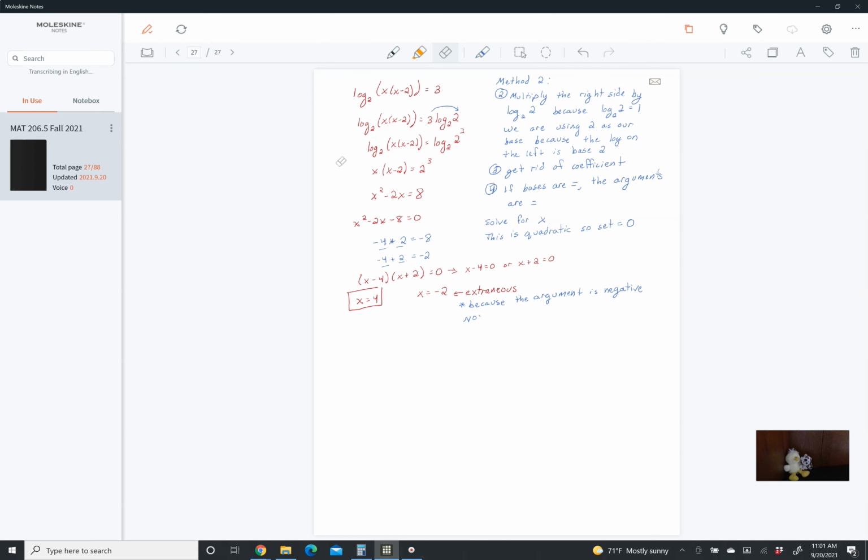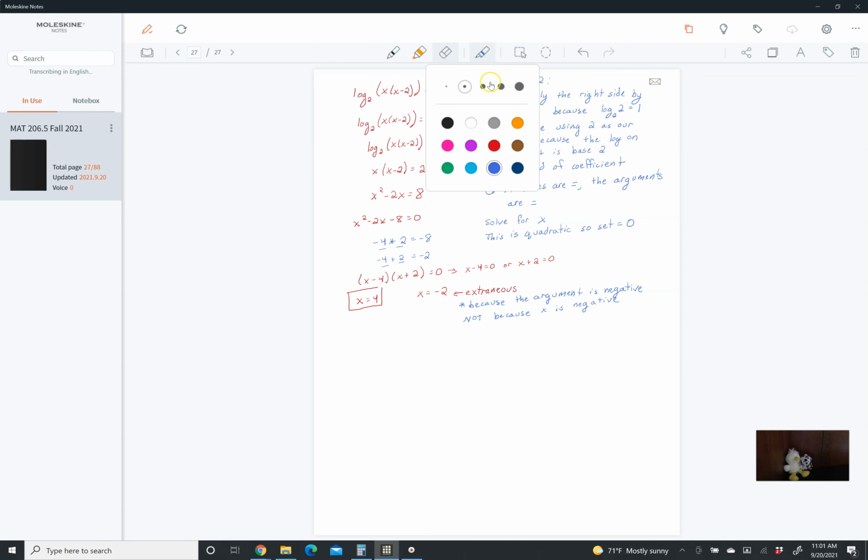Not because x is negative. Your x could be positive and you'll get an extraneous solution and it'll be extraneous, okay? And your x could be negative and it might not be extraneous. So don't just make an assumption.